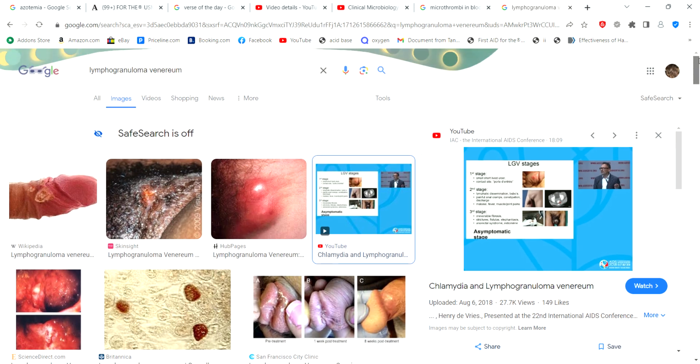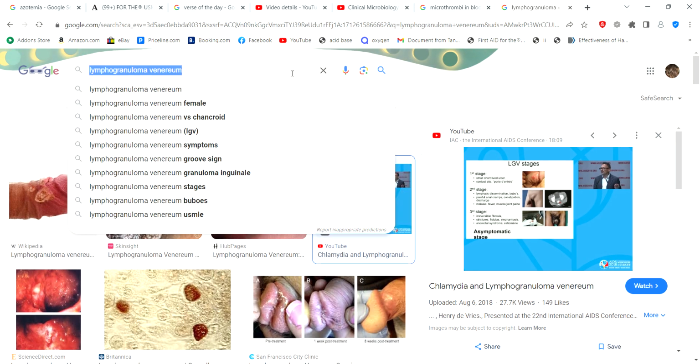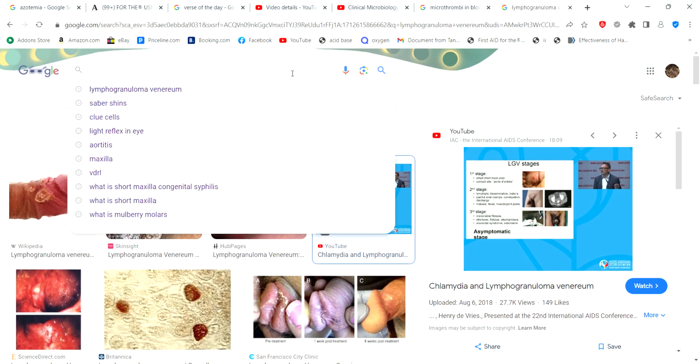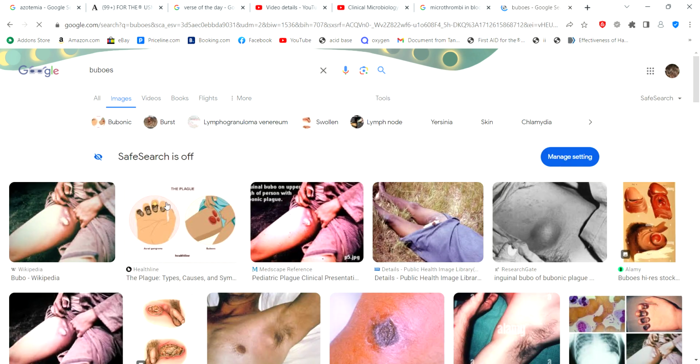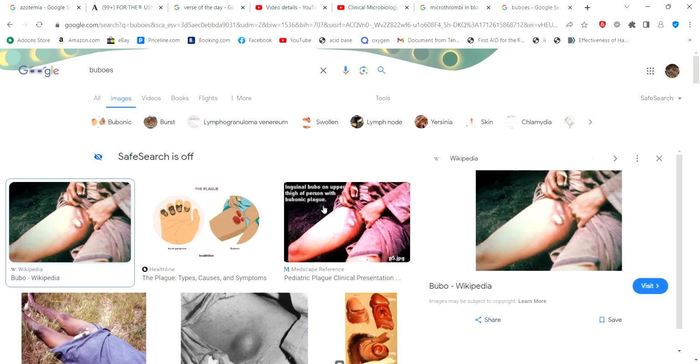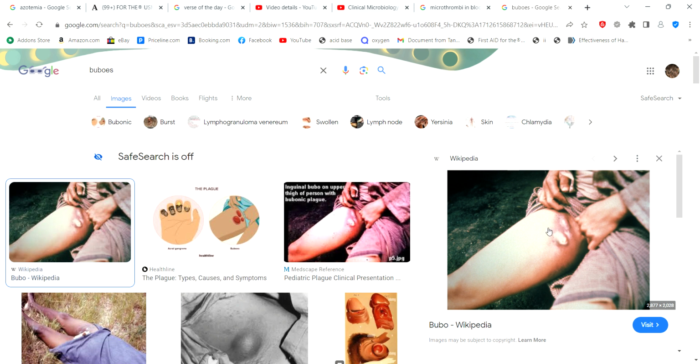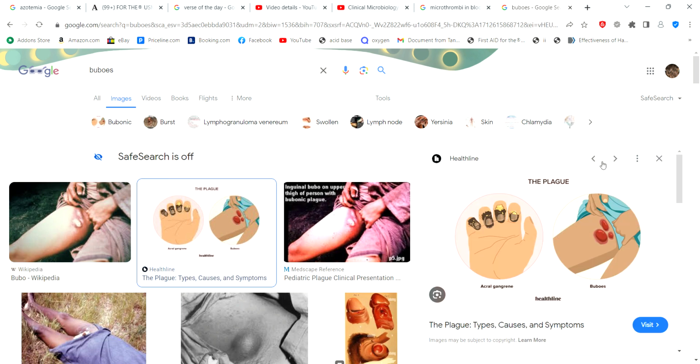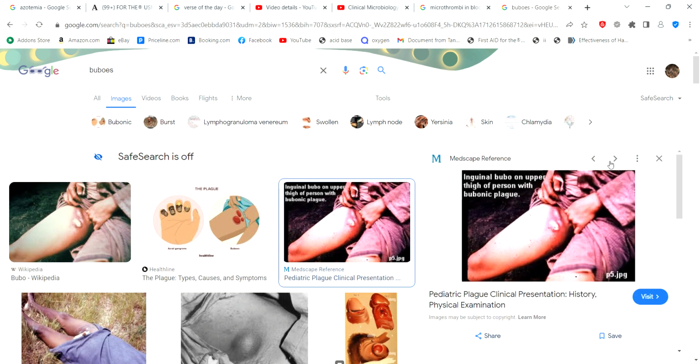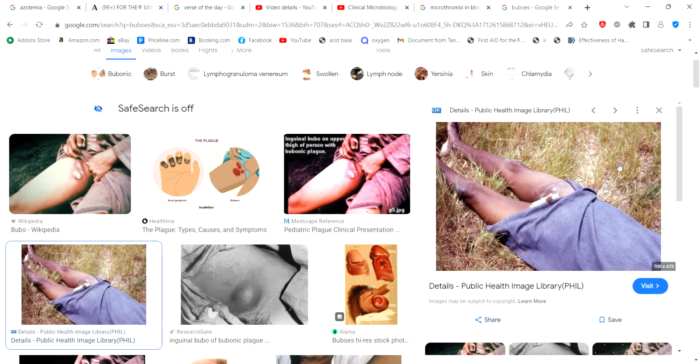Next. Okay, so buboes. This is very painful. Swollen, painful inguinal lymph nodes that ulcerate. This is also seen in the Black Plague.